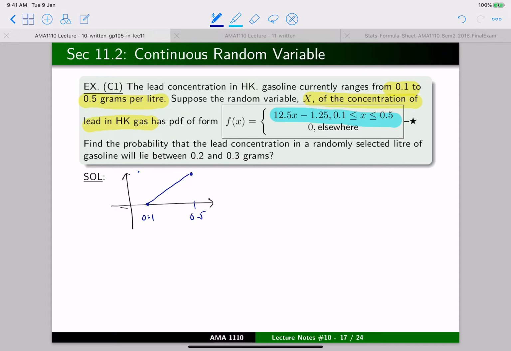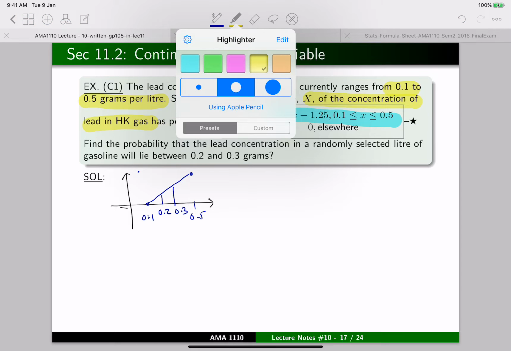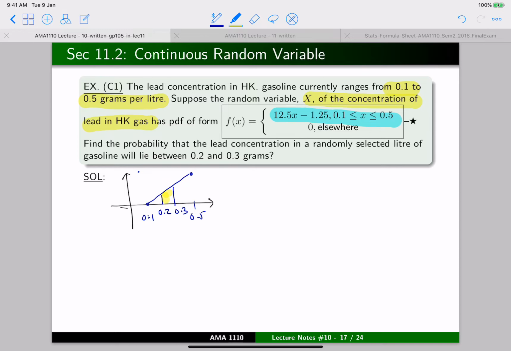And we want to find basically the area under the curve from 0.2 to 0.3. So we want to find this area. This is your f of x. So the probability that X lies in between 0.2 and 0.3 is the area of the yellow region.